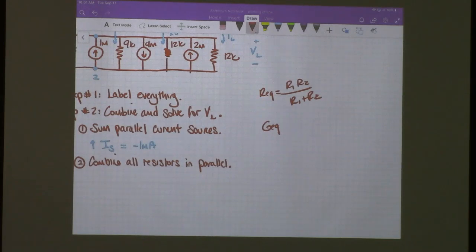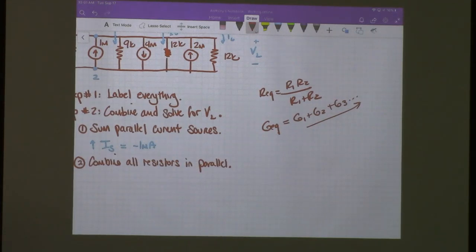Let's say we combine their admittances as opposed to their resistances. The admittance is 1 over, well, conductance. Conductance and admittance are the same for DC circuits. We can combine their conductances in a much easier manner. Conductances sum when they're in parallel. Resistances sum when they're in series. So G equivalent is equal to G1 plus G2 plus G3, and so on. Doesn't matter how many you have.